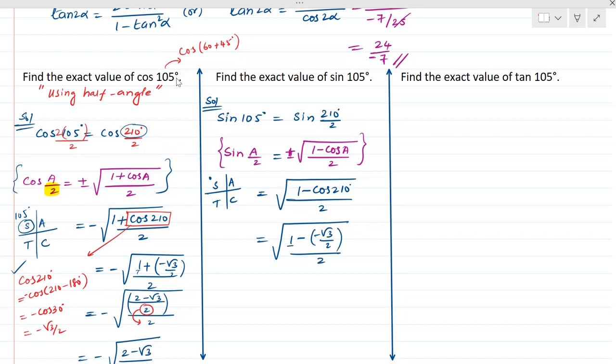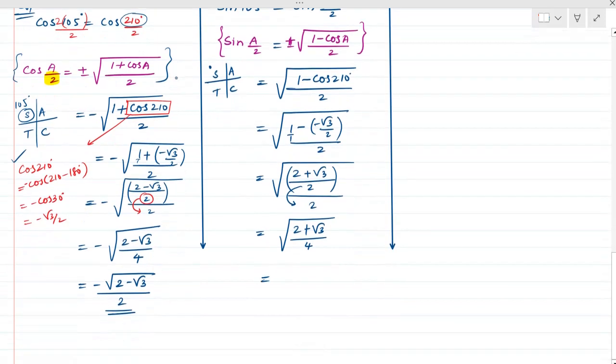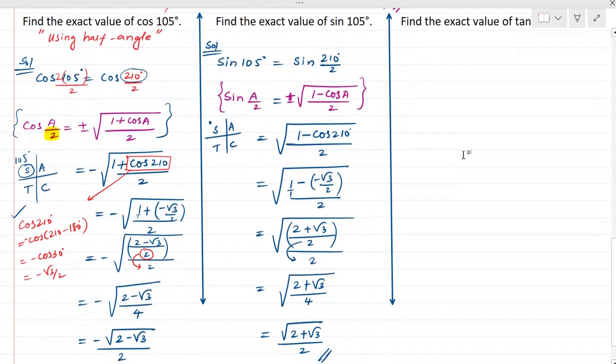Now if you simplify, cross multiply, you will get square root of 2 minus of minus, which is plus root 3, as the numerator over 2. Now this 2 will come down. It becomes square root of 2 plus root 3 over 4. If you separate the root, 2 plus root 3 over 2. So this is the sine formula, and the quadrant will change the sign, due to that you will have the value.